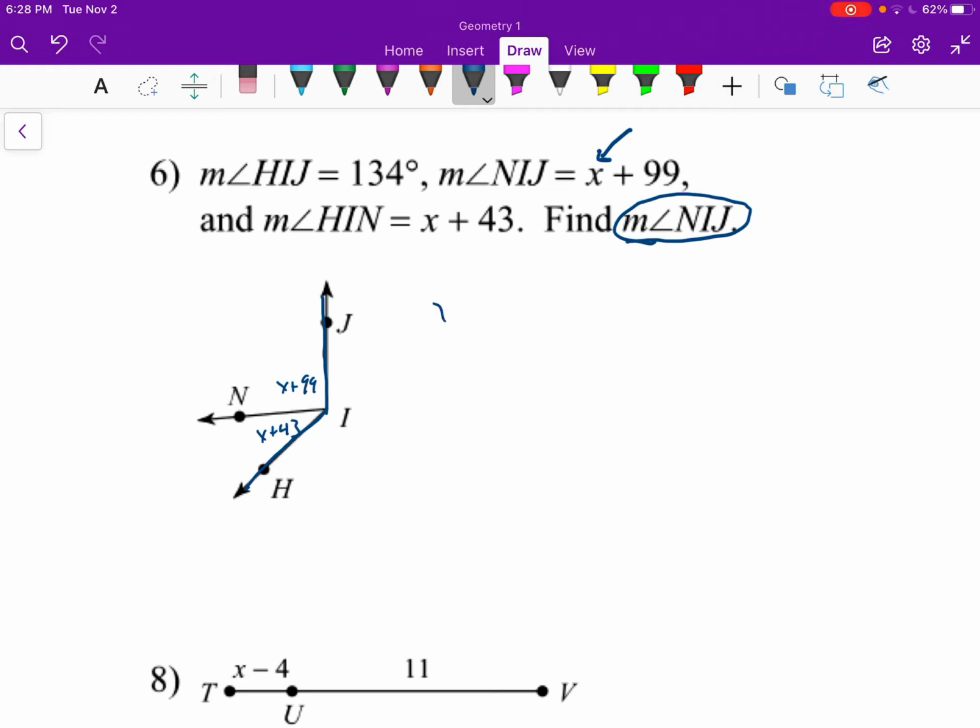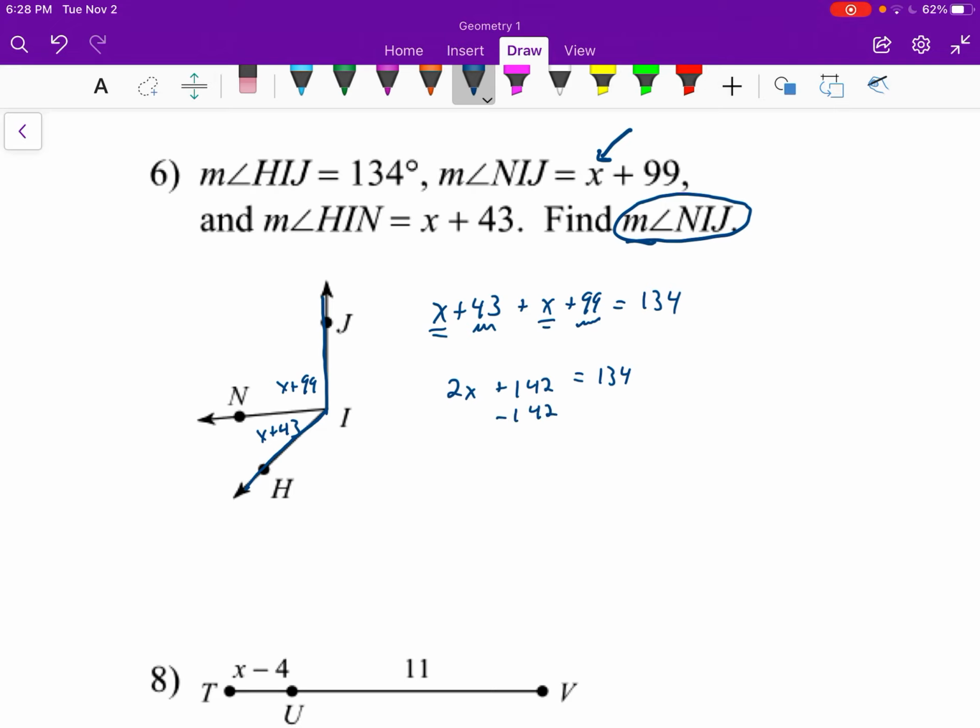Well, we know the two adjacent angles, x plus 43 plus x plus 99, has to equal the larger angle, which is 134. Add the x's, we get 2x, 43 and 99 is 142, equals 134.